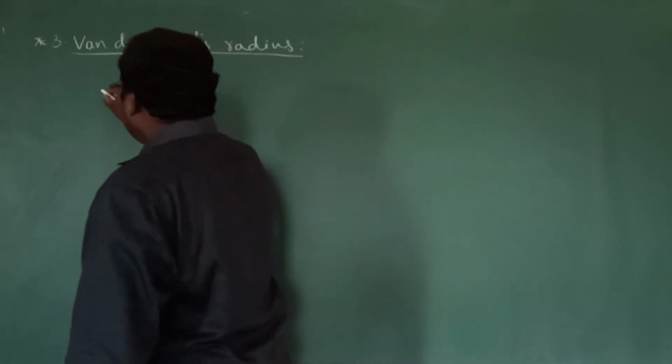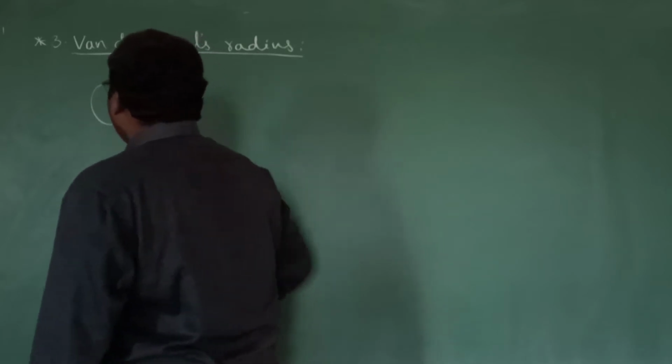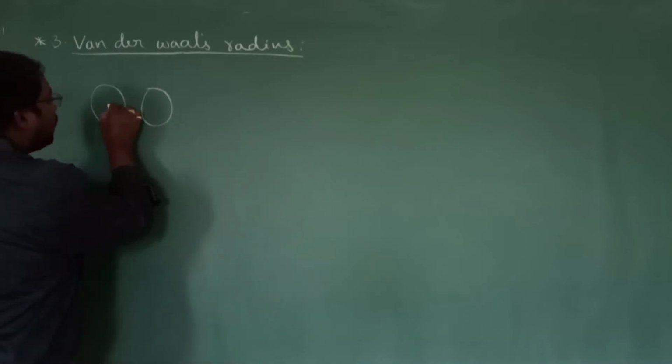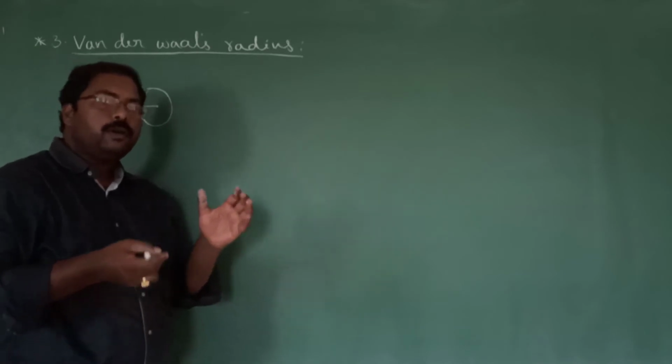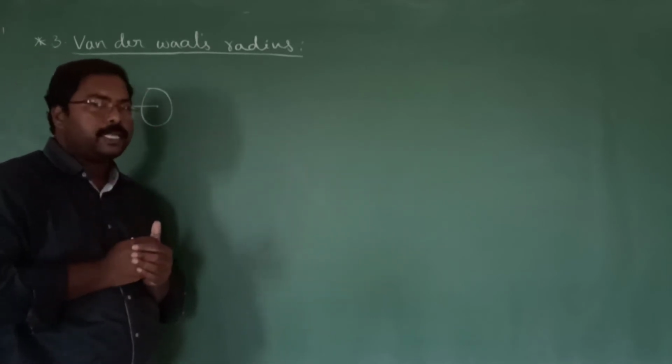Now, in the case of those individual atoms also, when they are in the solid state, those atoms will be closer together. Compared to the gaseous state, in the solid state all the atoms are very closely packed together.